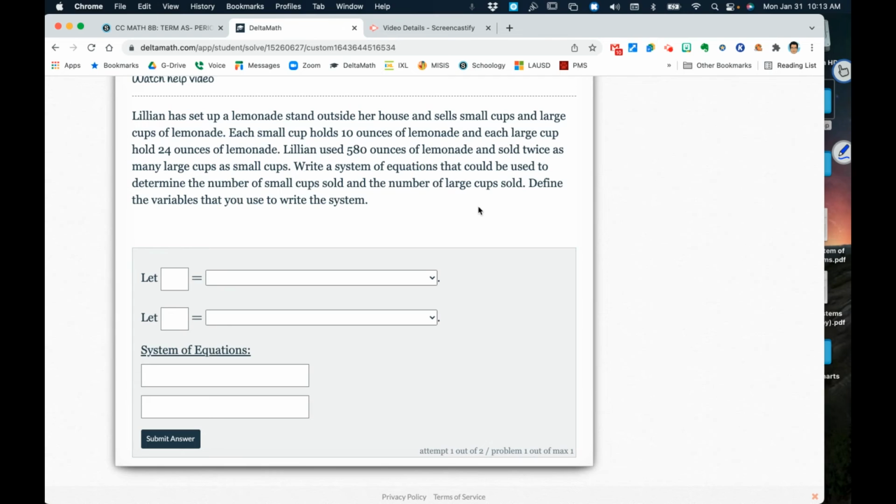Lillian used 580 ounces of lemonade and sold twice as many large cups as small cups. Write a system of equations that could be used to determine the number of small cups and large cups sold.